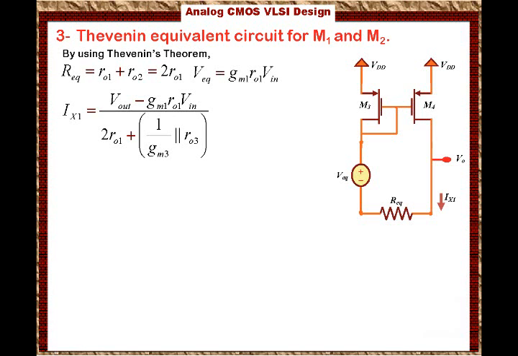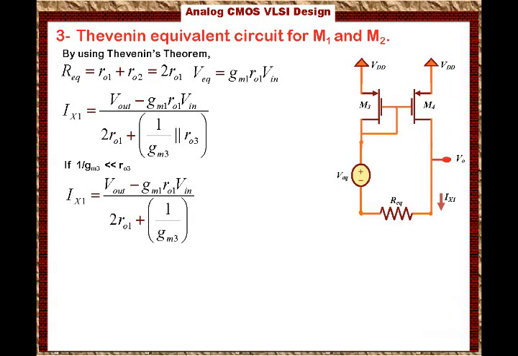Remember that this is the AC current, so the VDDs are short circuit to ground, and everything here is an AC value. Now if we say that 1 over GM3 is much less than RO3, then Ix1 equals V out minus GM1 times RO1 times Vin over 2 times RO1 plus 1 over GM3.